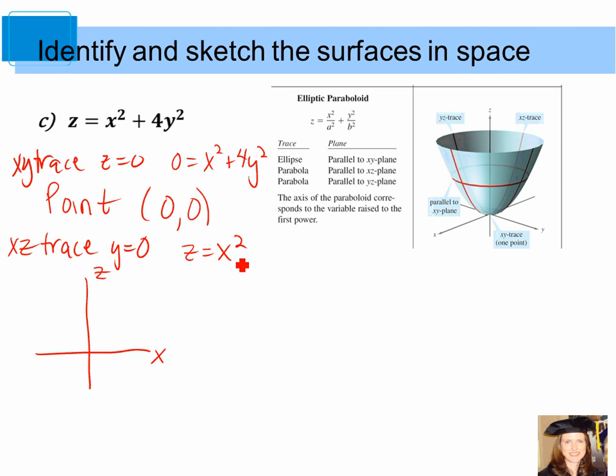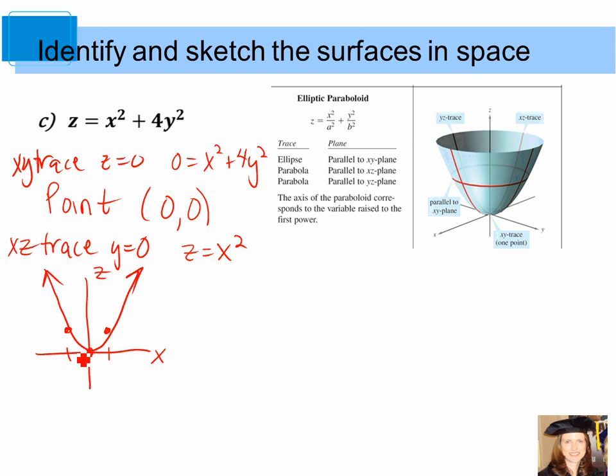If z is equal to x squared, when x is 0, z is 0. This is a parabola. It does open up. When x is equal to 1, z is equal to 1. When x is equal to negative 1, z is equal to positive 1. And you get this parabola that opens up in the xz plane.